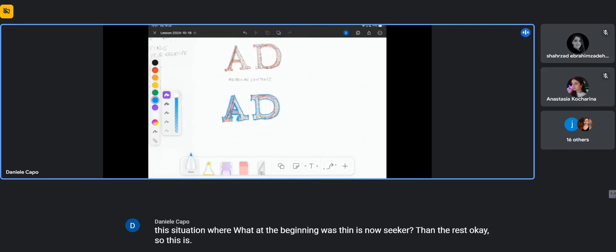So keep adding weight. Okay. This is step 1, and this is step 2.